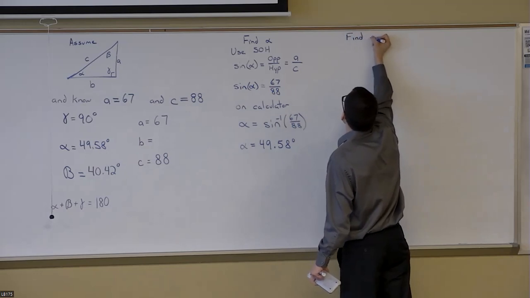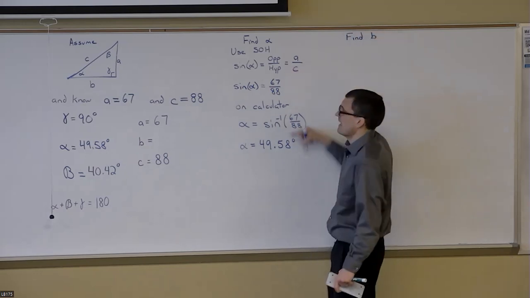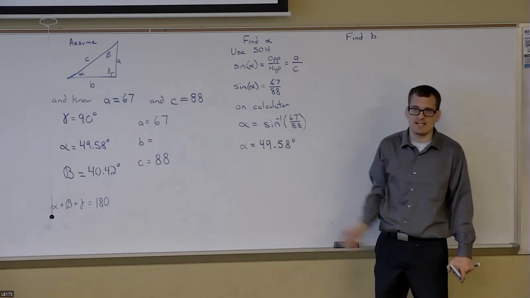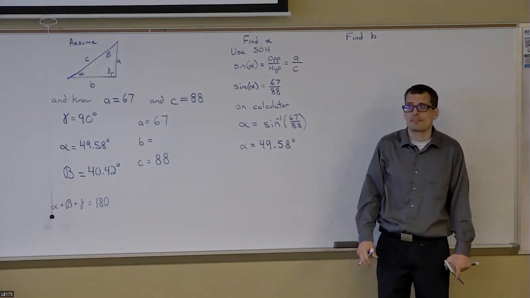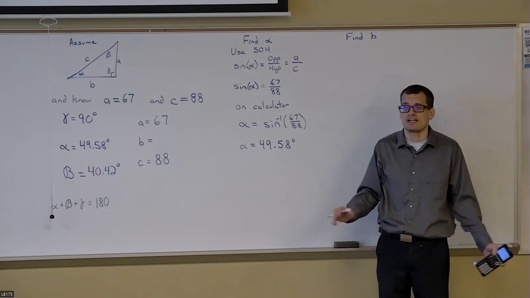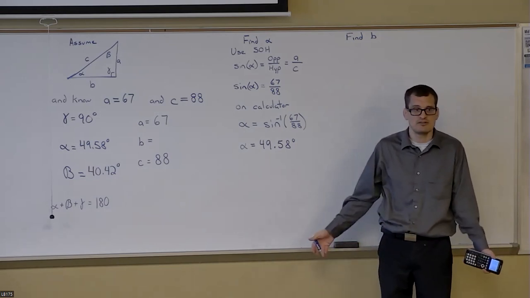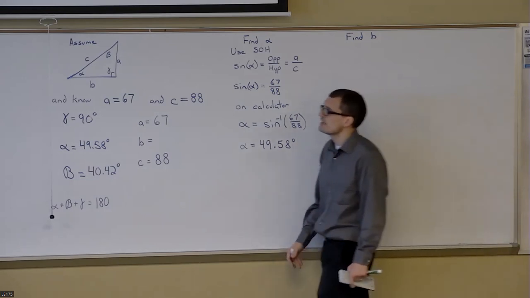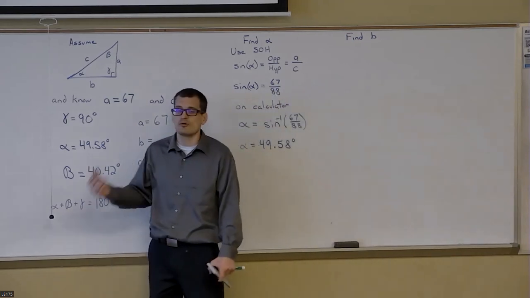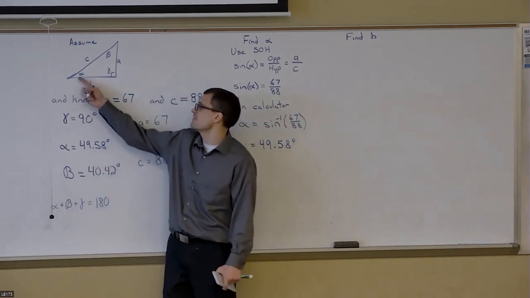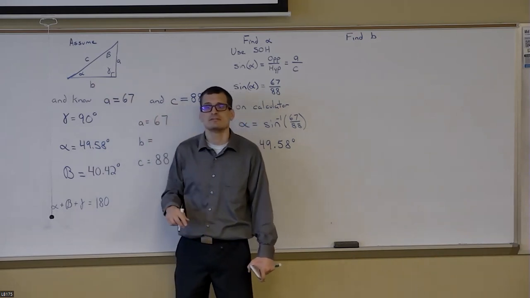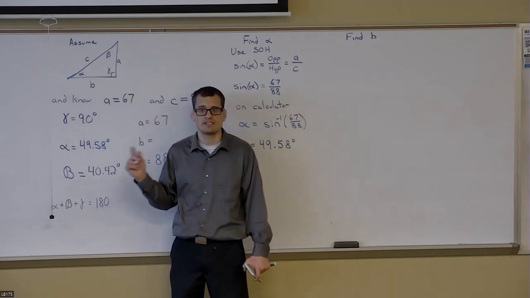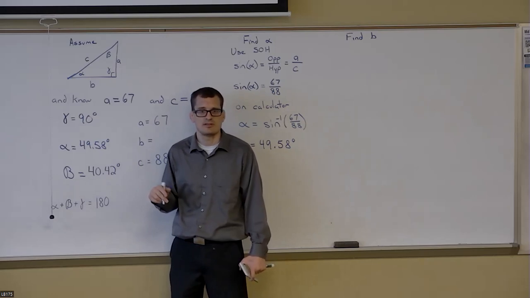Now that we have our angle alpha and we have our angle beta, let's find B. And you can do this, again, you have multiple options now. You could use SOHCAHTOA with B and some other letter, B and A or B and C, or with an angle.